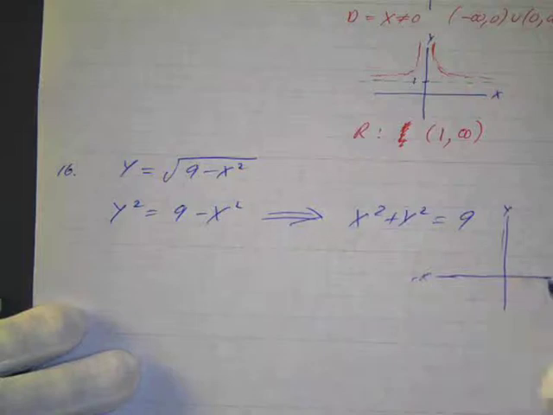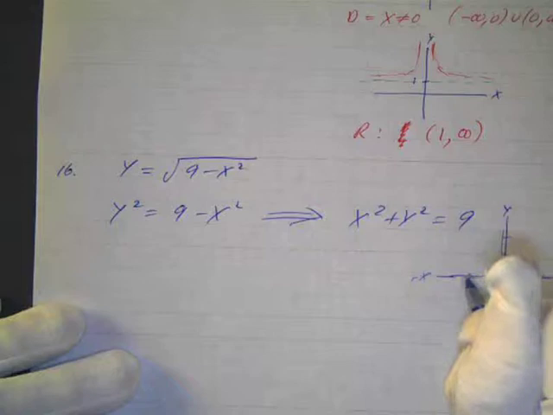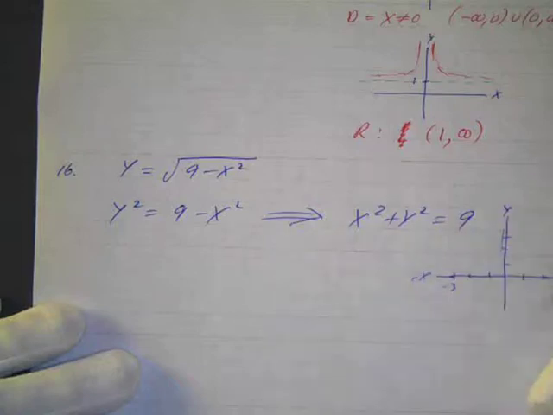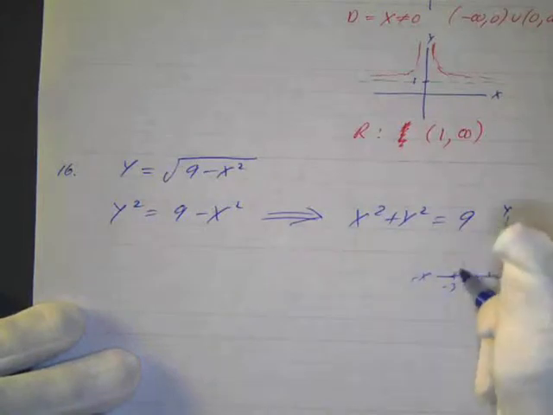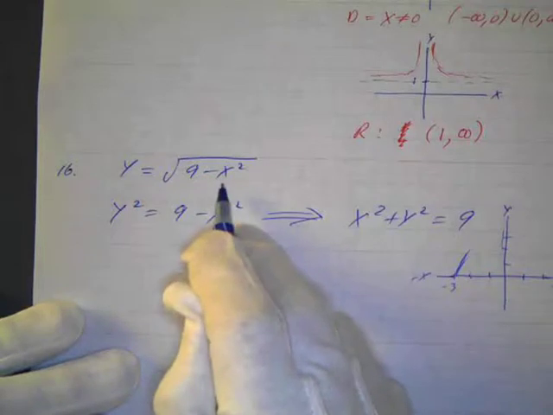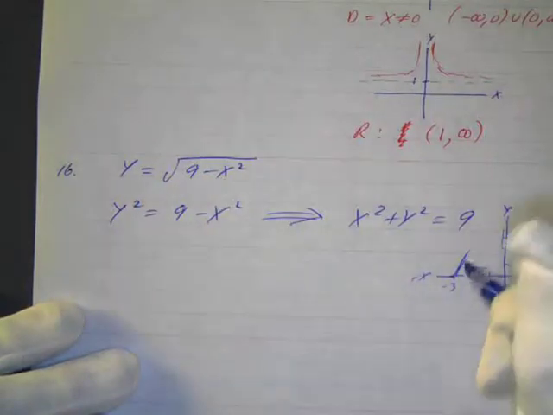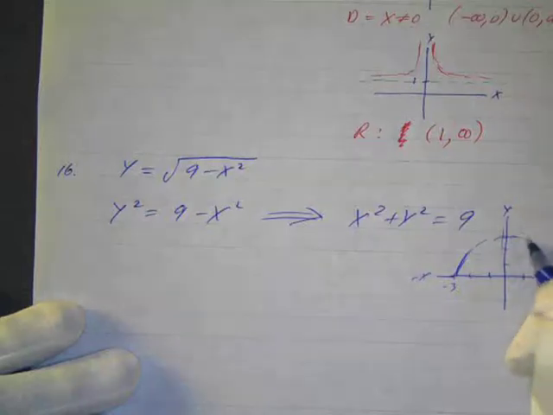Minus x. And we go out 1, 2, 3, 1, 2, 3. And x could be 3 because 3 squared is 9, 9 minus 9 is 0, and the square root of 0 is okay.